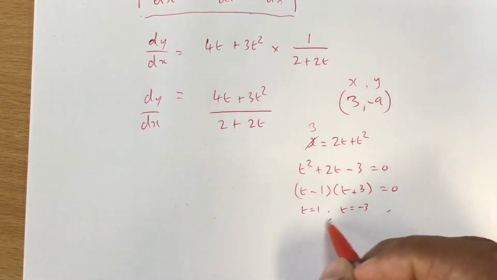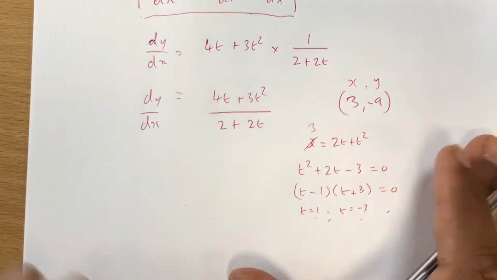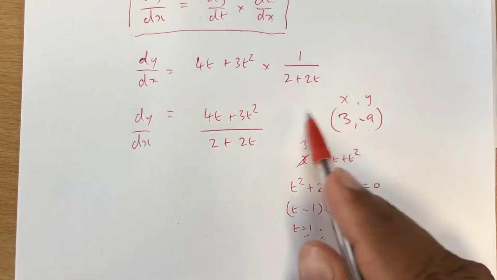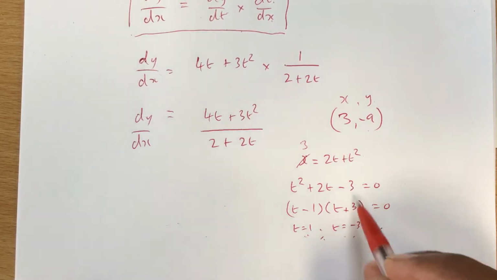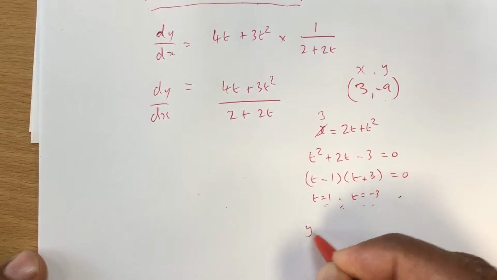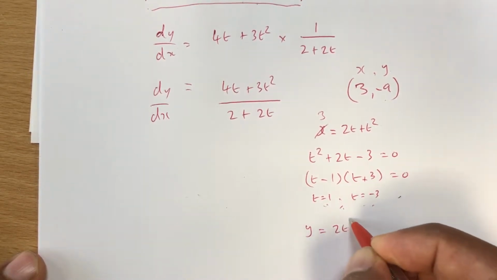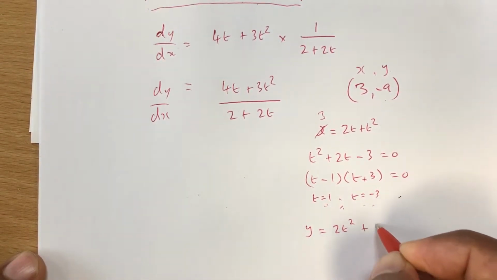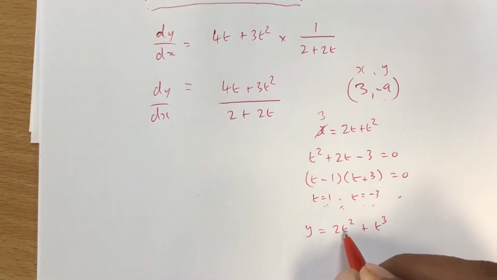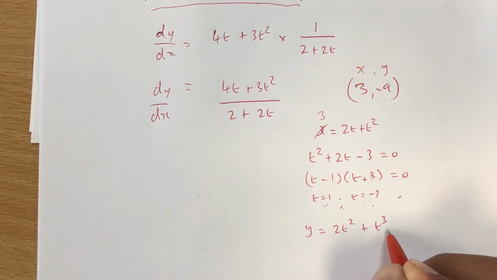Now I need to check which of these values, when I plug it into the parametric equation for y, will give me minus 9. If y equals 2t squared plus t cubed and I put in 1, that gives me 2 plus 1, which is 3, so it can't be that.